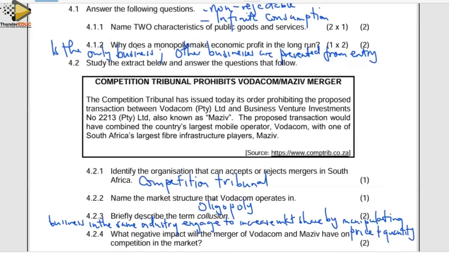So we are saying businesses in the same industry come together so that they will find a way. They come together to do discussions so that they can increase their market share. How? By changing the price and the quantity. They play around with the price and quantity collectively so that they can gain more revenue. That is collusion.